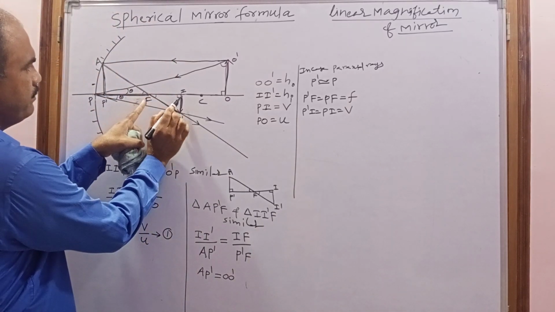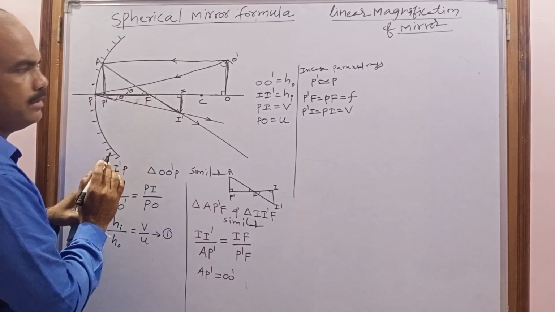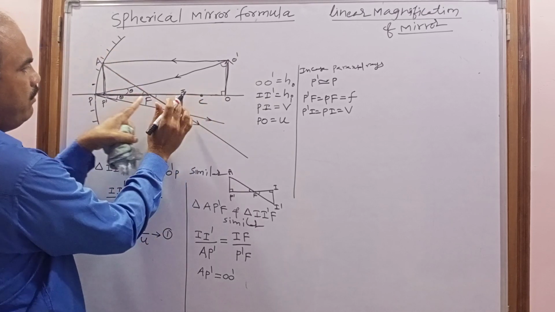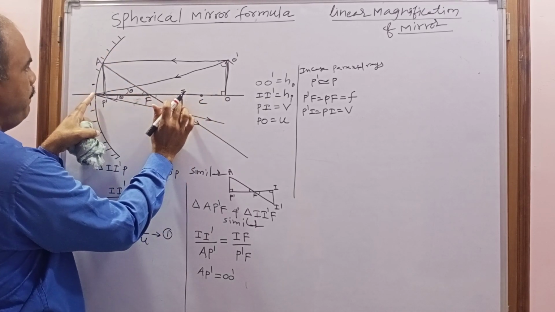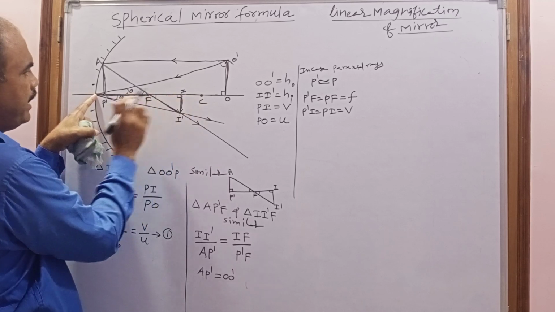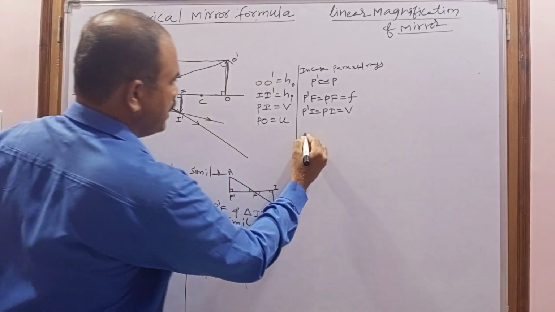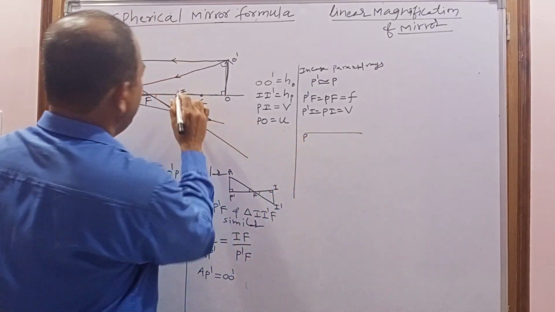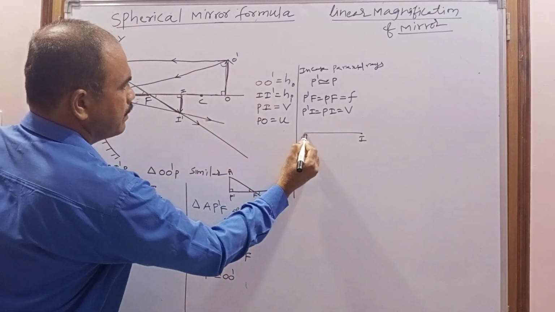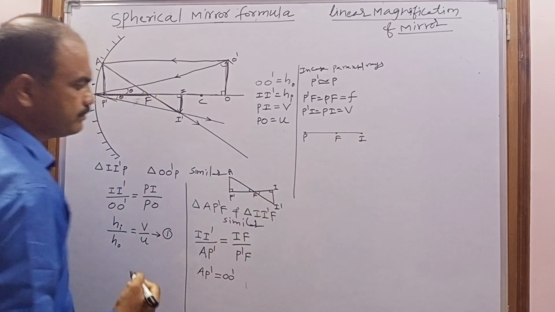Now IF. This IF can be written in terms of the image distance and focal length. So how can we get this IF? The distance from P to I can be subtracted by the distance from P to F. This is the actual PI, this is P and this is I, and here F is there.